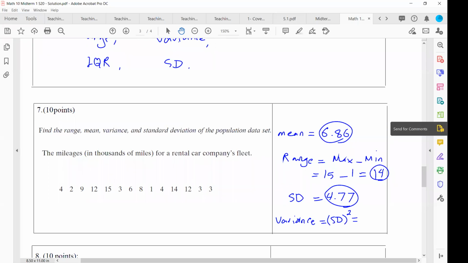So let us just multiply this number by itself.